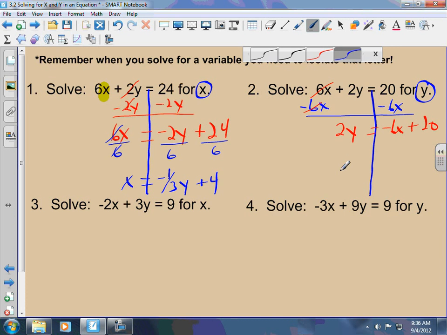Now I'm just going to divide everything by the number next to the letter, by 2. The 2's cancel. Y equals negative 6 over 2 is negative 3x. 20 divided by 2 is positive 10. That's your answer. Okay.